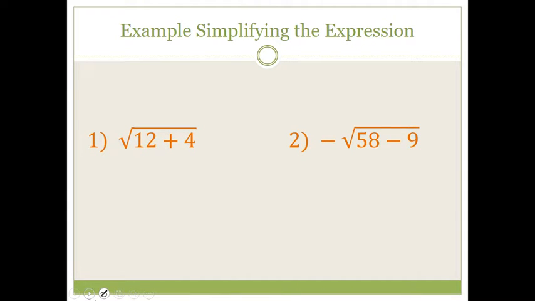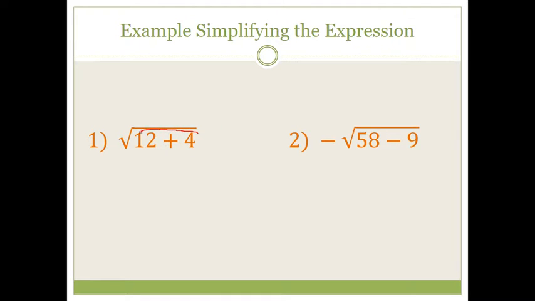So let's talk about simplifying square roots that have more than one operation involved. In the very first slide of this lesson, we talked about thinking of what's underneath that radical symbol as parentheses, so you have to do what's underneath there first. Question number 1 has the square root of 12 plus 4 all underneath the radical.